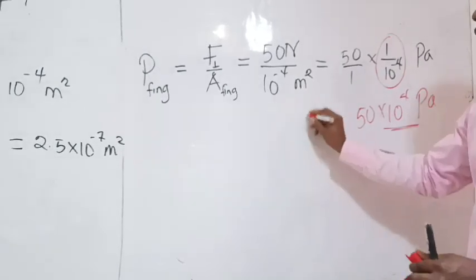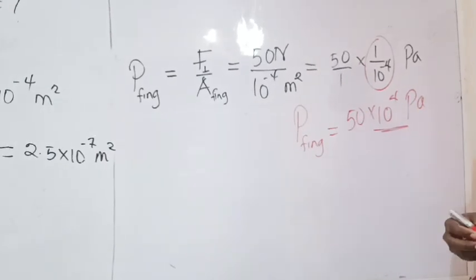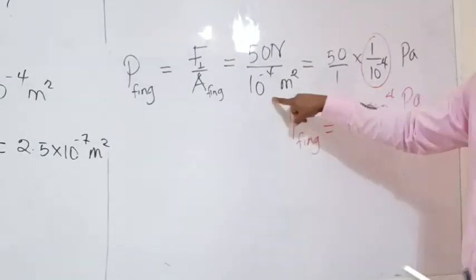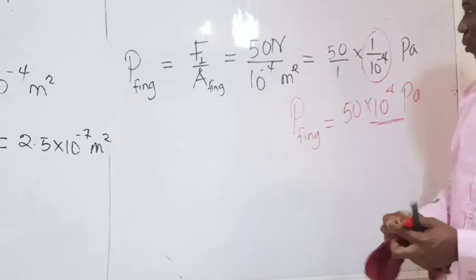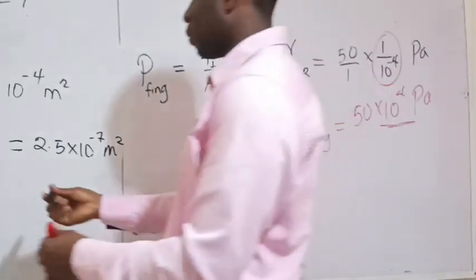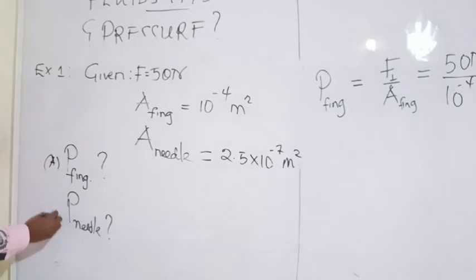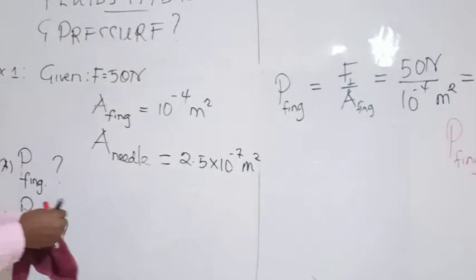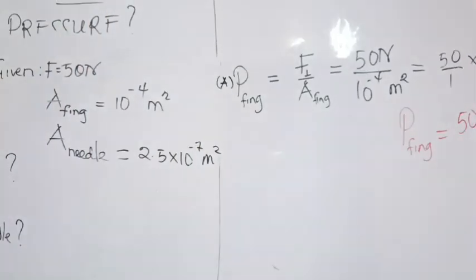So this is the pressure that my finger exerts on that balloon for this area that my finger makes contact with the balloon. Now this is the A part of the question. So let me call this A, and let me call this B. So I'm done with the A part of the question. Now we move on to the B part of the question.